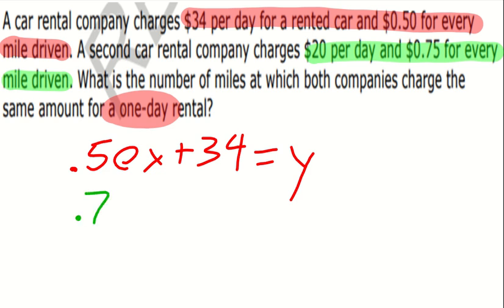So we got 0.75x plus 20 equals y. Everybody go with those 2 equations? So in these 2 equations, x is the number of miles, y is our total cost. So we put those into Desmos. And we found it. So where do they cross?